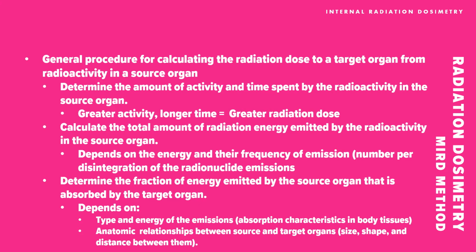And of course, we are talking about the anatomic relationship between the source and target organ. Here we're talking about the size, the shape, and also the distance between the target and the source organ. The more distant they are, the lower the energy absorbed by the target organ might be, because it takes time for the energy to reach and be absorbed by that particular target organ.